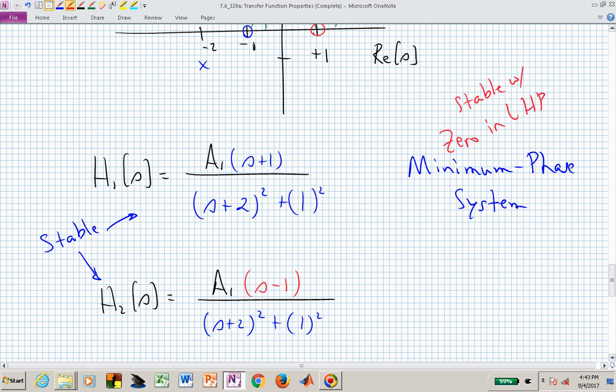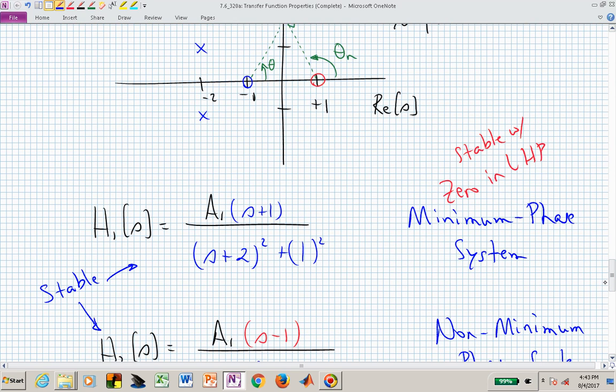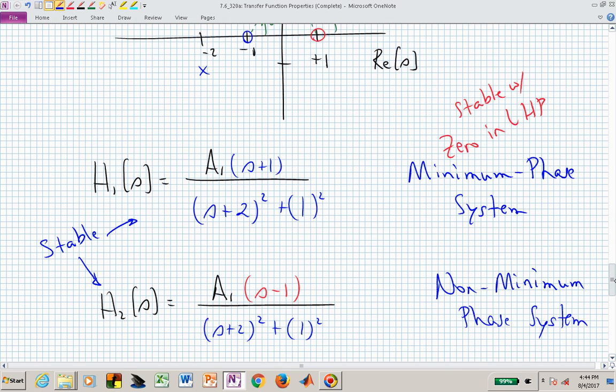H2 is a non-minimum phase system because its numerator vanishes for a finite value of s, with s equaling 1. That's now in the right half plane. That's now a non-minimum phase zero.